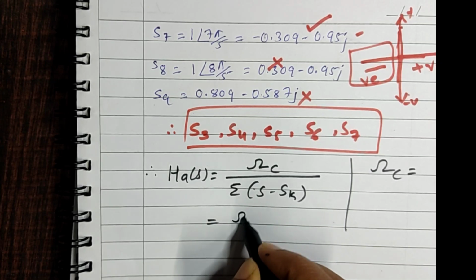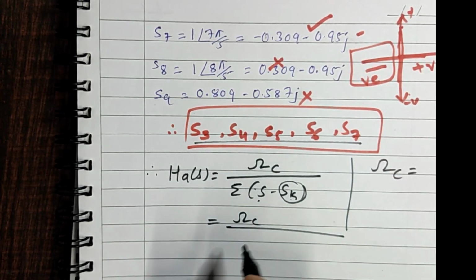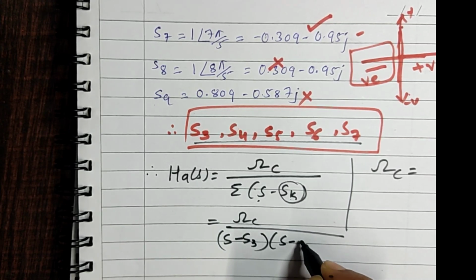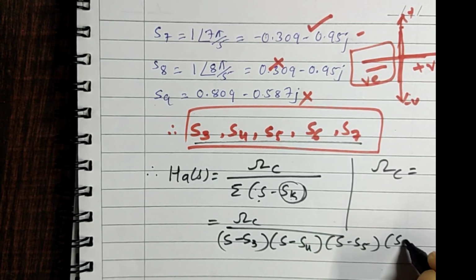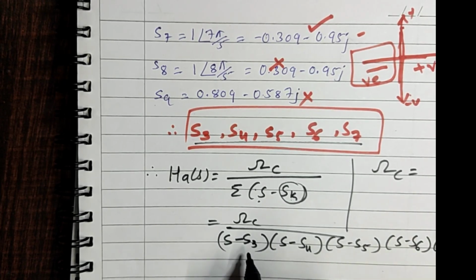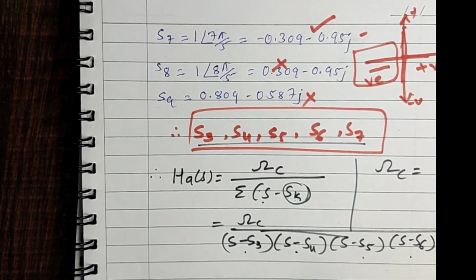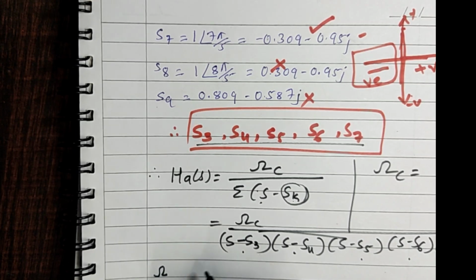Now we write omega C divided by S minus S3 into S minus S4 into S minus S5 into S minus S6 into S minus S7. How many poles are there? 1, 2, 3, 4, 5. These we have to consider. Now let us calculate omega C, or you can calculate it at the last.